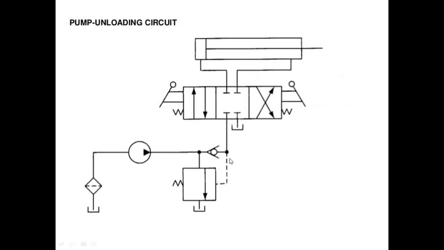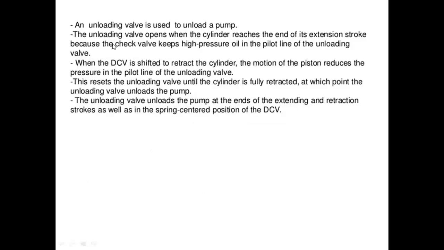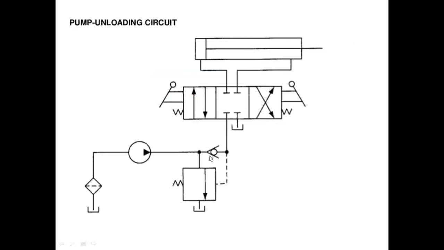See here, we use an unloading valve. The unloading valve opens when the cylinder reaches the end of its extension stroke, because the check valve keeps high pressure oil in the pilot line of the unloading valve. See, this is the unloading valve here.